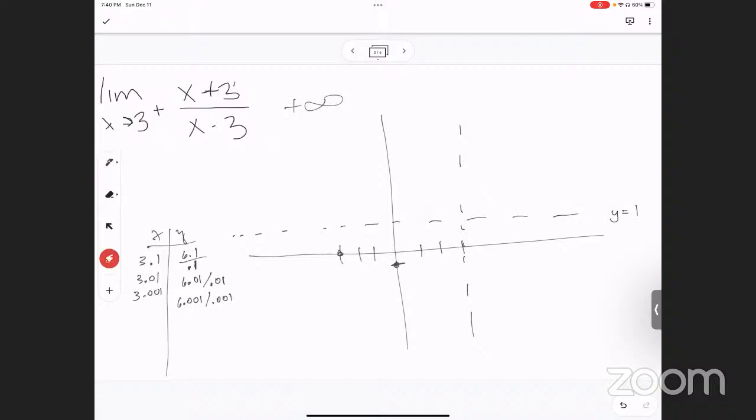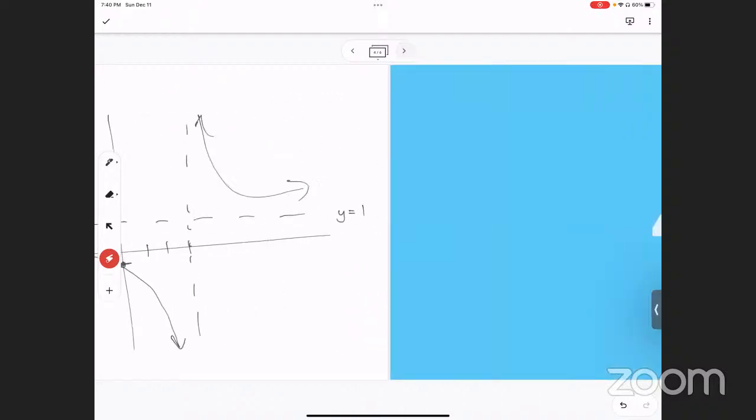Remember why? Because when the degree is the same, it's the ratio of leading coefficients. So you could just quickly sketch the graph in your head and remember. When I'm coming from the right, I'm approaching positive infinity. If I was coming from the left, I would be approaching negative infinity. Does that make sense?